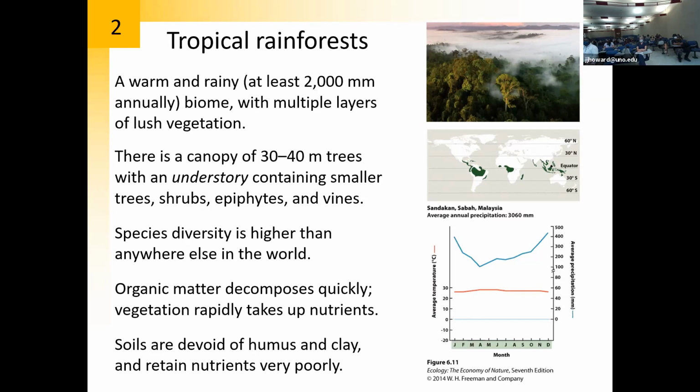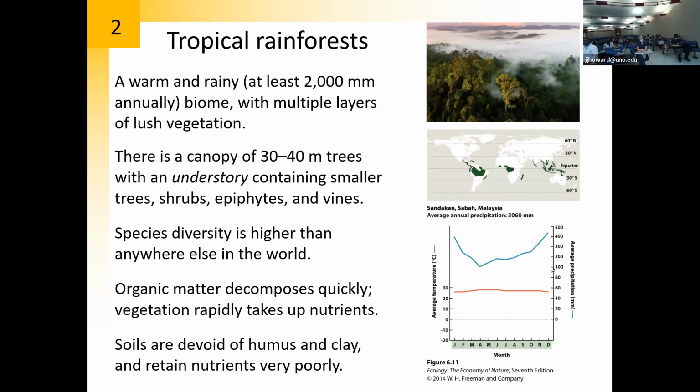Okay. This is not necessarily an easy place to live, though, because the high temperatures and rich rainfall mean that microbial decomposition of organic matter proceeds very fast. So plants that live in this zone are actually where all the nutrients are.